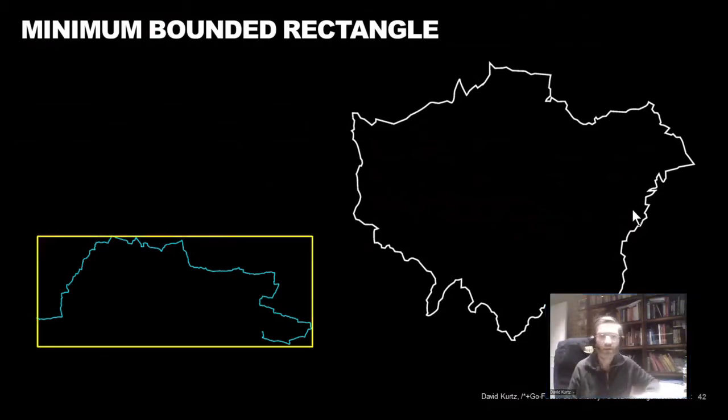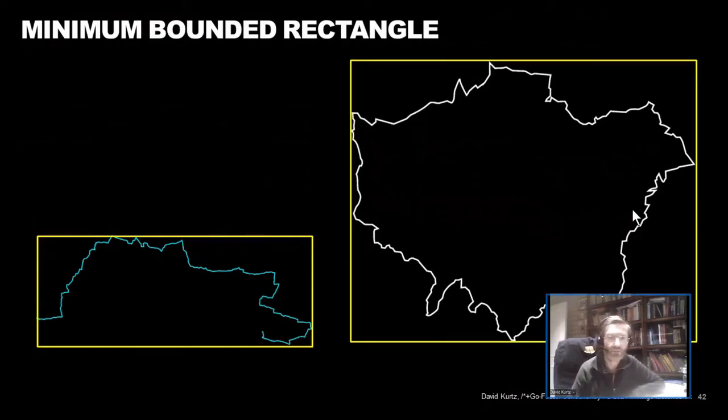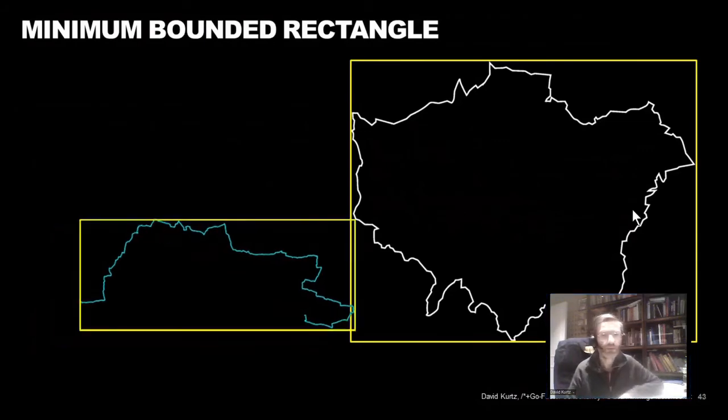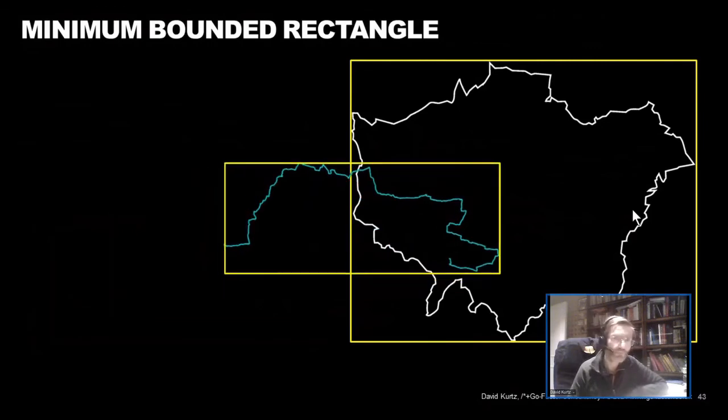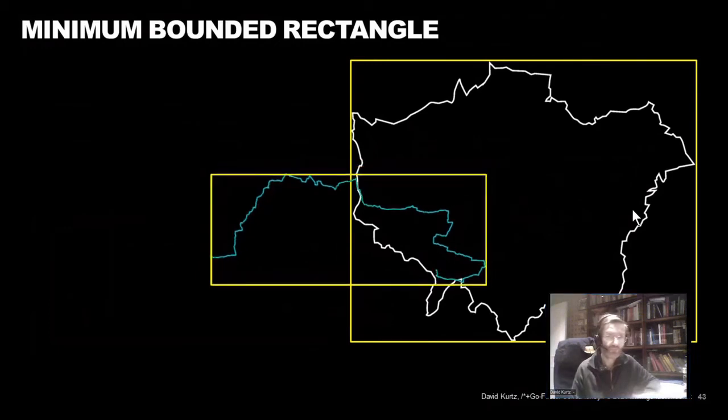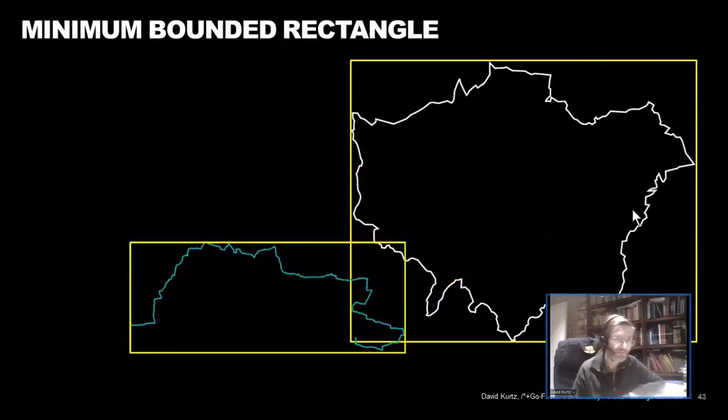Draw a box around the route and a box around the area. If the 2 boxes do not impinge, then the route is definitely not in the area. What about now? Well, now the route is in the area and the boxes definitely overlap. And now? Well, the boxes overlap, but the route isn't in the area.